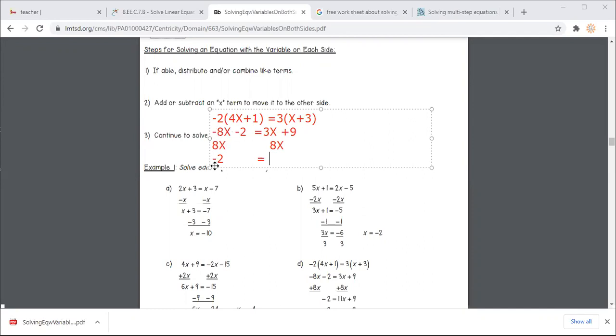Negative 8x plus 8x will be how many, Nano? It will be 0.